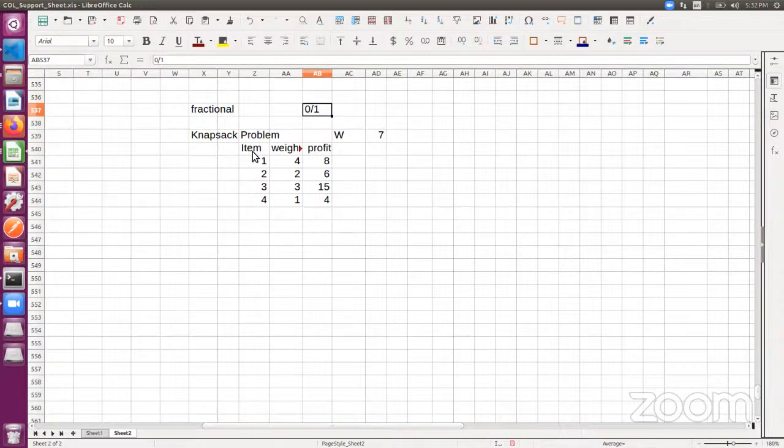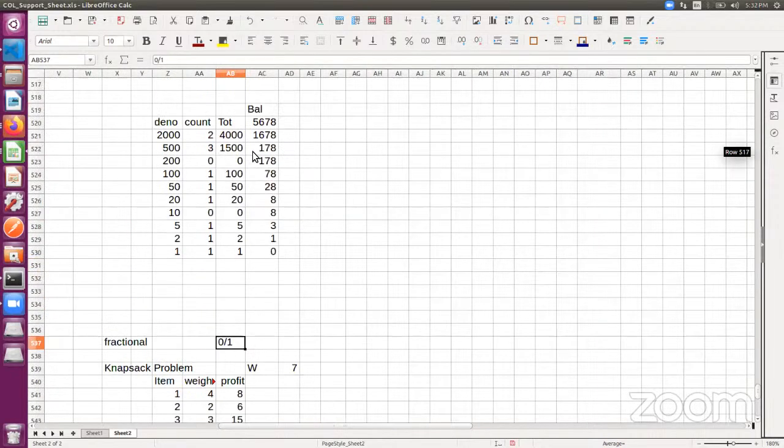Before that, I'll tell you when we can apply the greedy strategy and when we cannot. In the previous coin change problem, suppose this one was not there. Is it possible to apply the greedy strategy? No, sir.